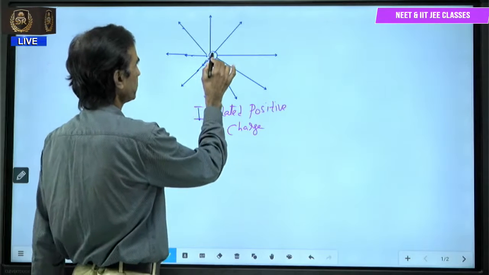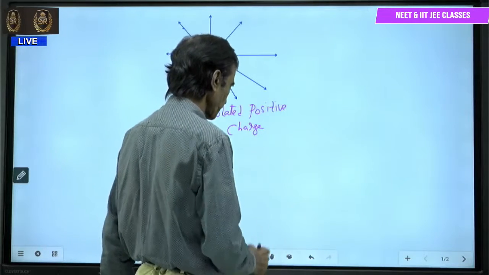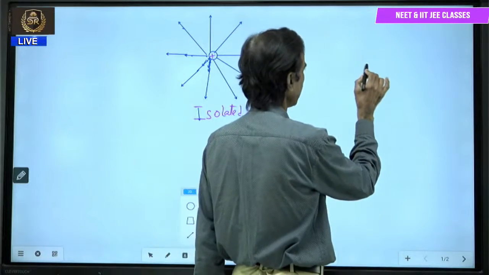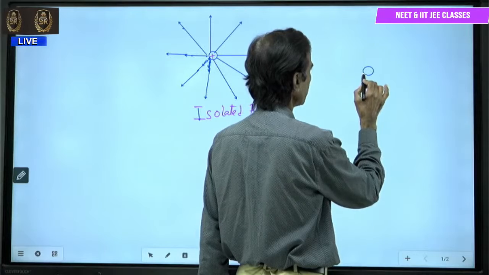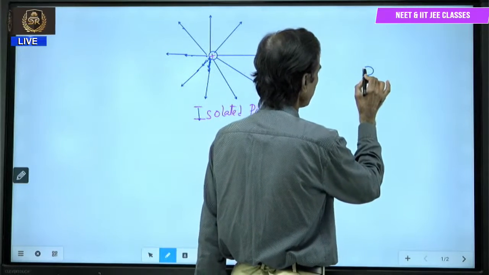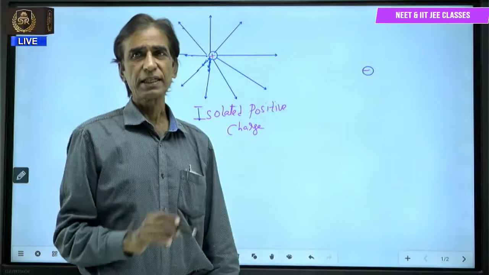This is a positive charge, no? But we now take a negative charge. So this is the negative charge, right? In that case, this charge is negative and only one charge is there, that is isolated.